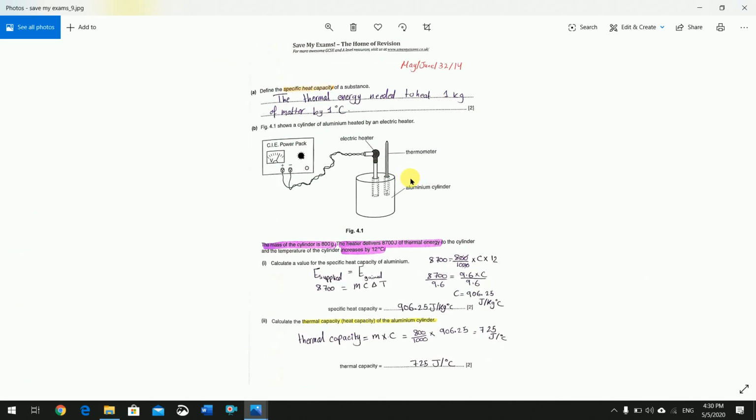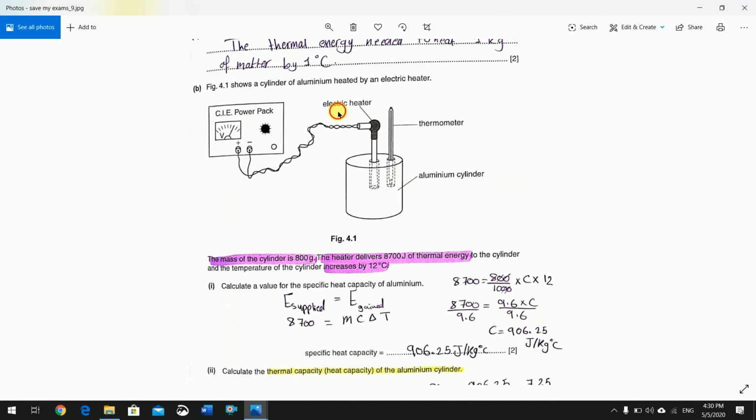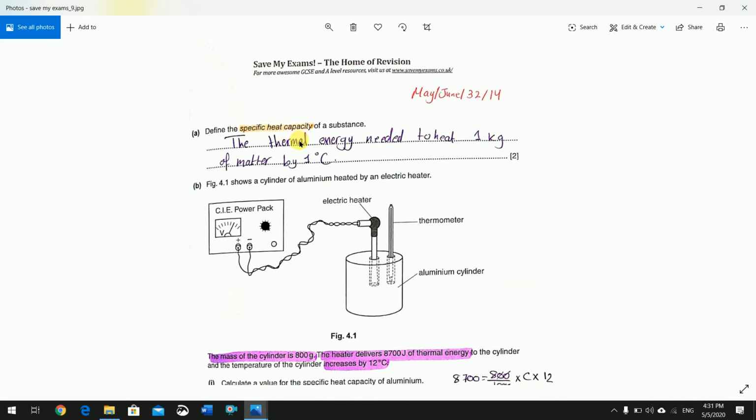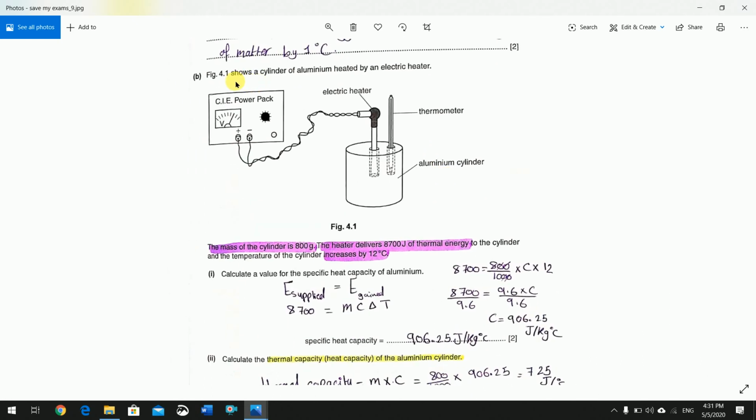Okay. Now, let's go to this one, the specific heat capacity of a substance. Now, we said that this is the thermal energy needed to heat 1 kilogram of matter by 1 Celsius. Now, figure 4.1 shows a cylinder of aluminum heated by an electrical heater. So this is the electrical heater.